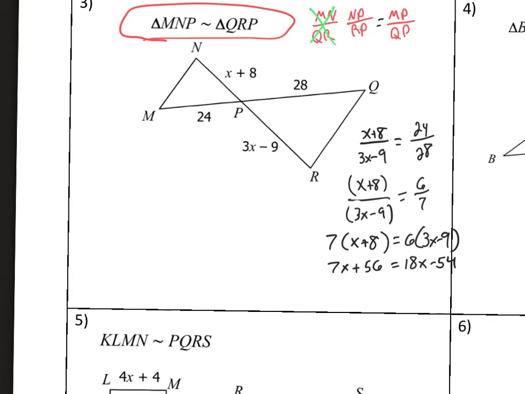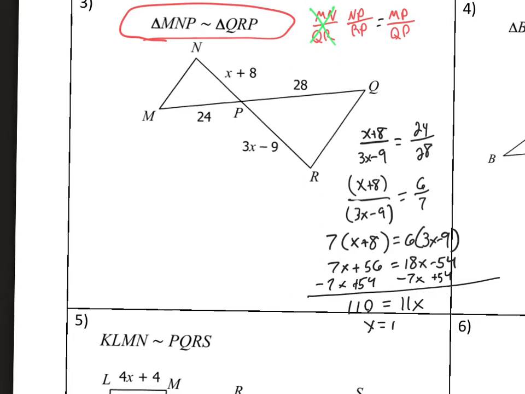Okay, I'll subtract 7x from both sides, and that leaves me with 11x. And I'll add 54 to both sides, which is 110. And 110 divided by 11 is 10.